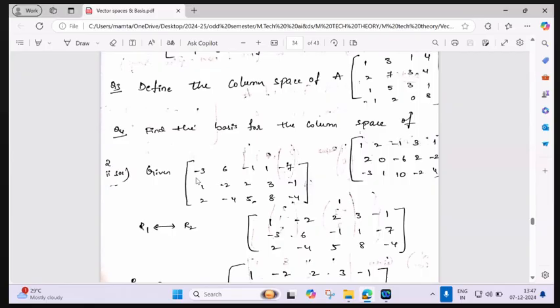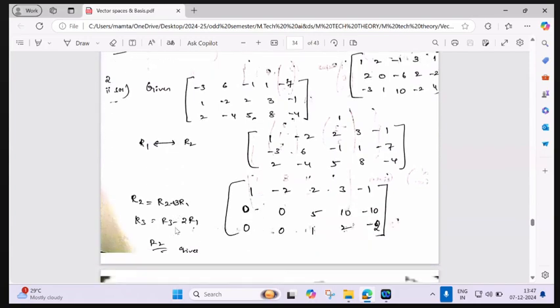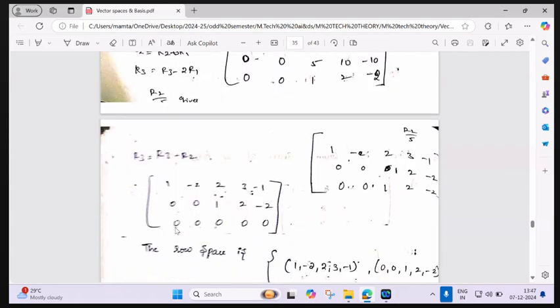So what is the matrix here? Minus 3, 6, minus 1, minus 1, minus 7. So we have got 3 rows and 5 columns. We will use the row operations to bring it into echelon form. So this is the echelon form.